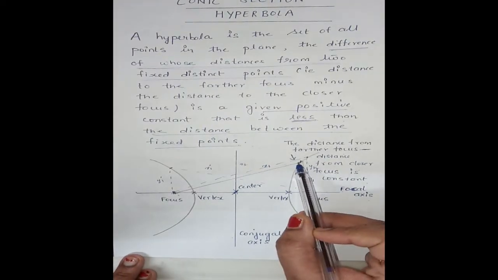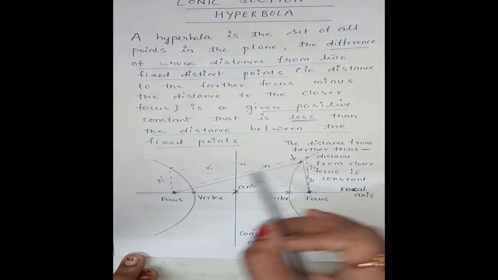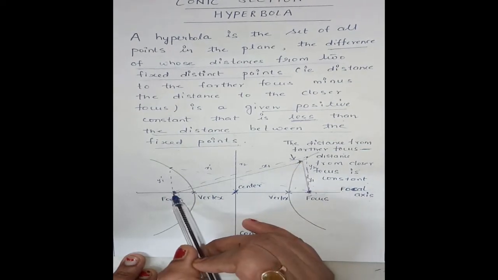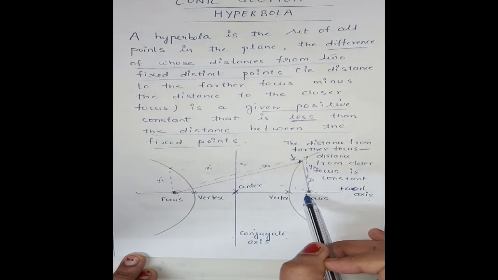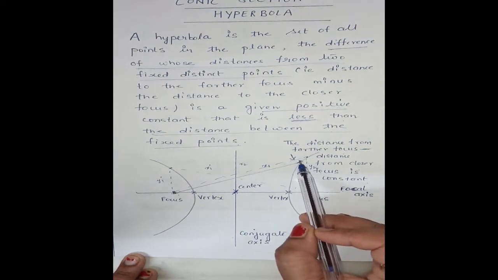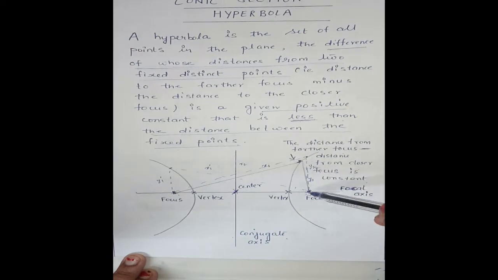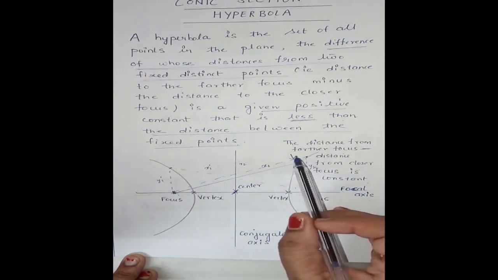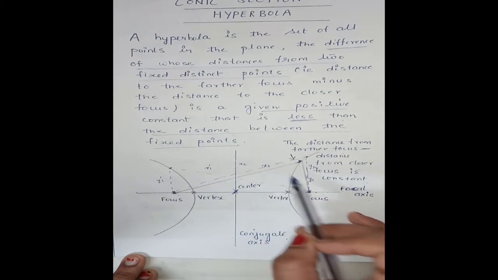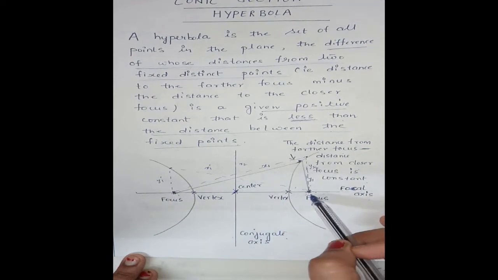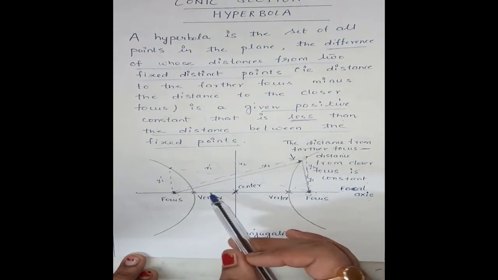This is a point on the hyperbola. Now for this point, this focus is the farthest and this is the closest. Say this distance is x1 and this distance is y1. Then according to the definition, x1 minus y1, the distance from the farther focus minus the distance from the closer focus, is a given positive constant.